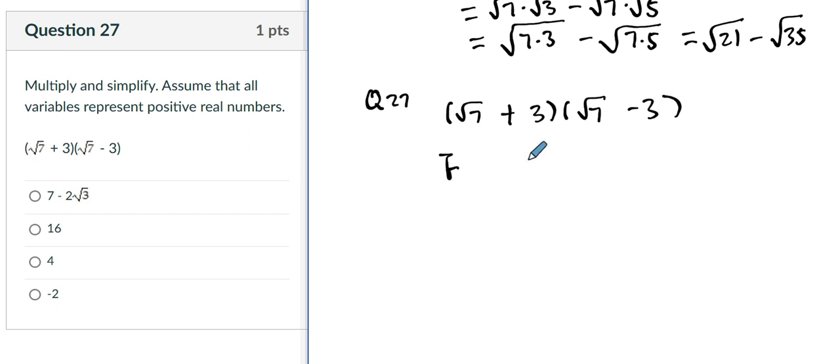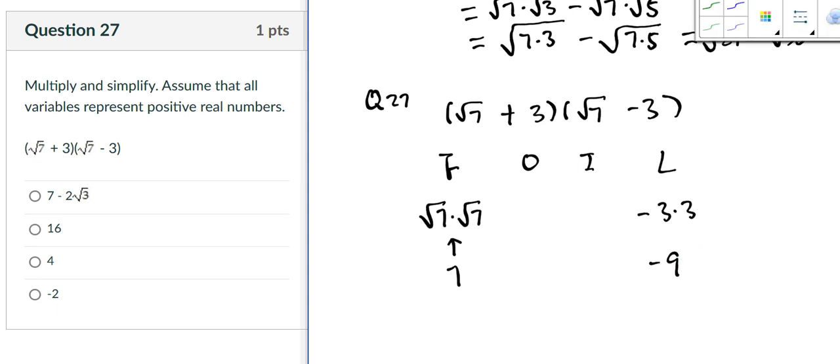For the first product, radical 7 times radical 7, you know that will be 7. The last product is negative 3 times positive 3, which is negative 9.